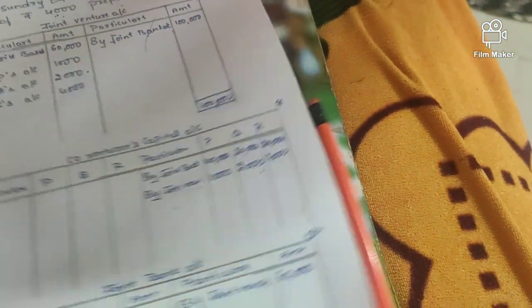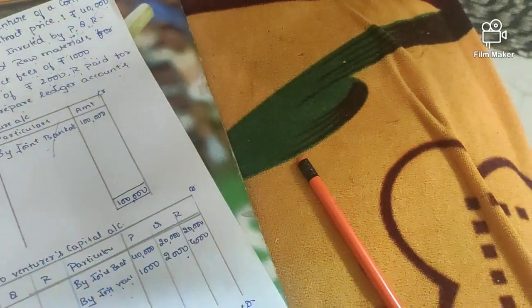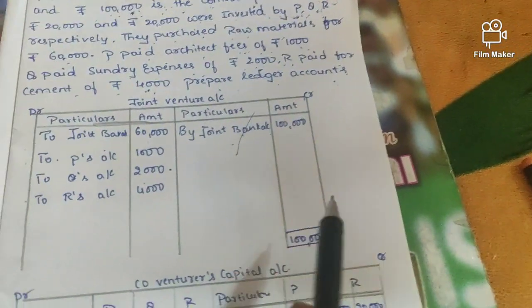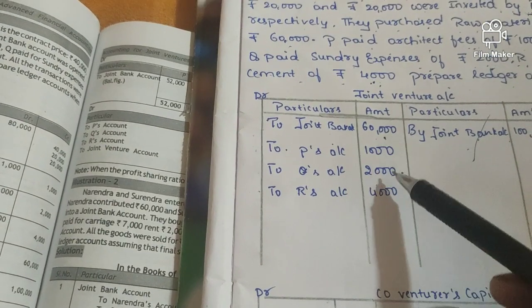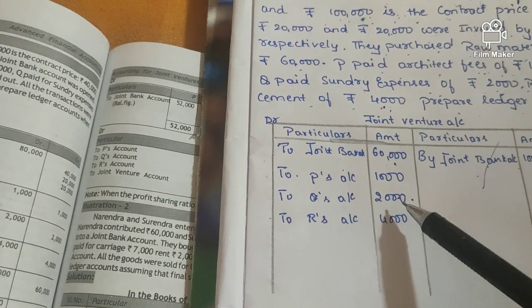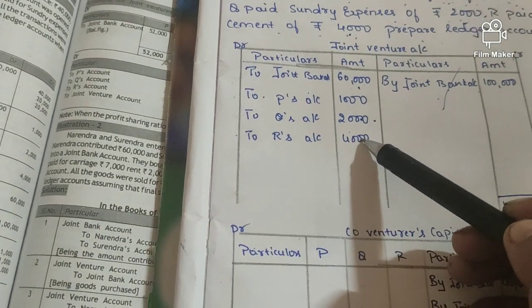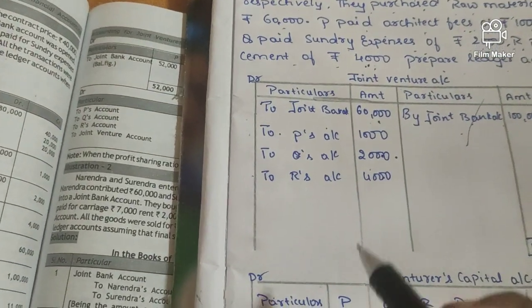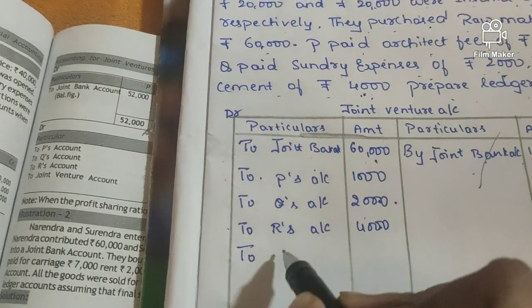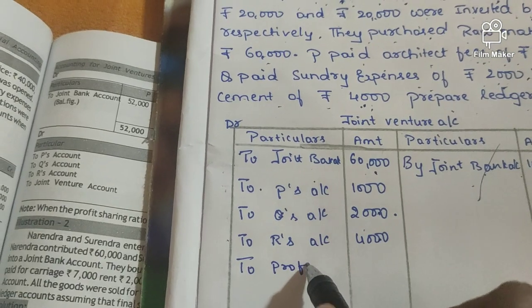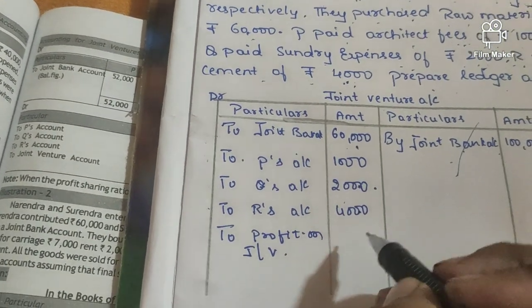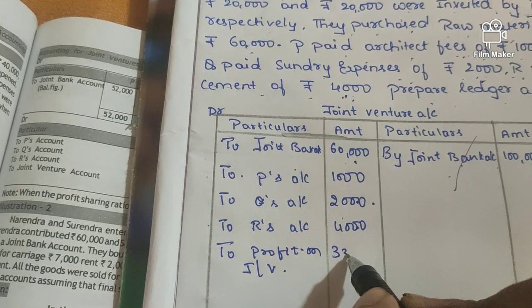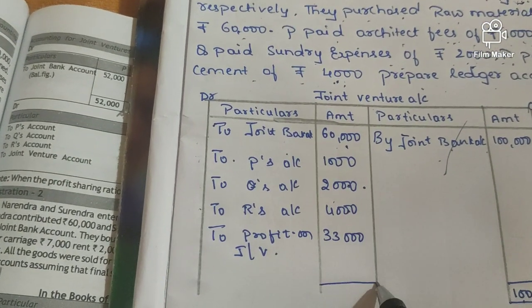So when we subtract from this 1 lakh the 60,000, 1,000, 2,000 and 4,000, the balance we get is the profit on joint venture, rupees 33,000.